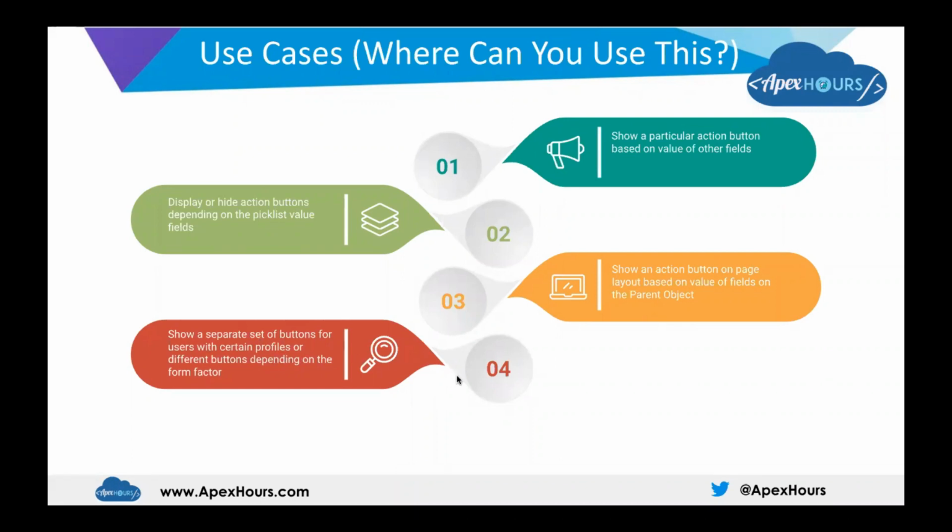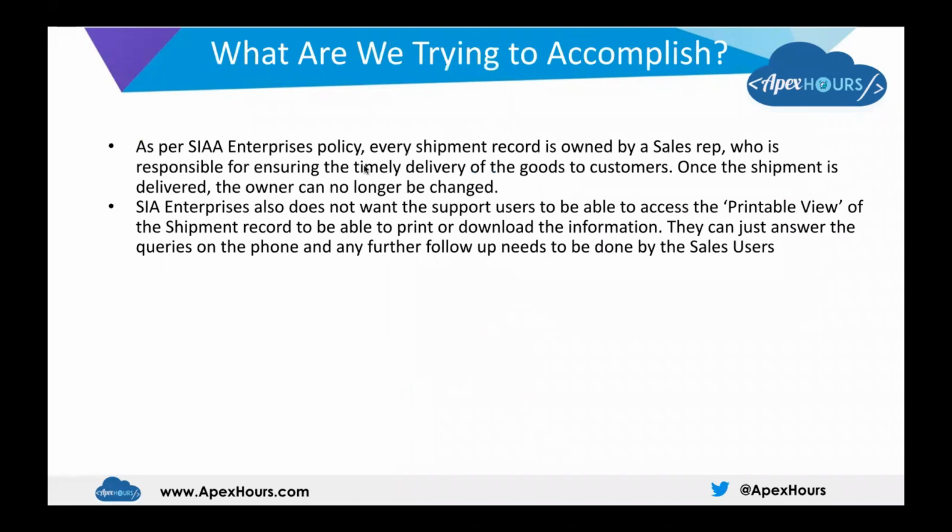So again, let's take a look at the demo, and our use case for the demo is, as per SIA Enterprises policy, every shipment record is owned by a sales rep who is responsible for ensuring the timely delivery of goods to customers. And as per SIA Enterprises, once the shipment is delivered, the owner can no longer be changed on the shipment record.